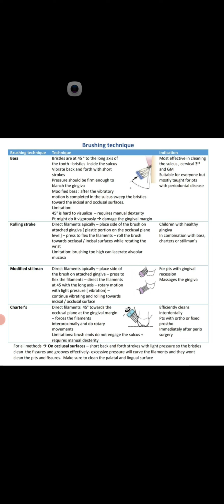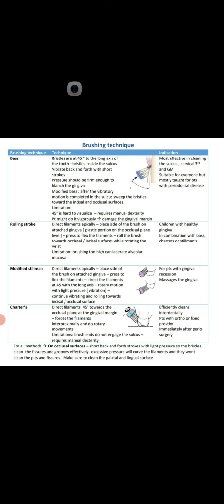Next is the charter method. How we remember the charter method? Whenever we go in perio department, prostho department, ortho department, in these departments mostly there are charts. In prostho there are charts like crown and bridge charts. In ortho there are brackets, braces, clear aligner charts.